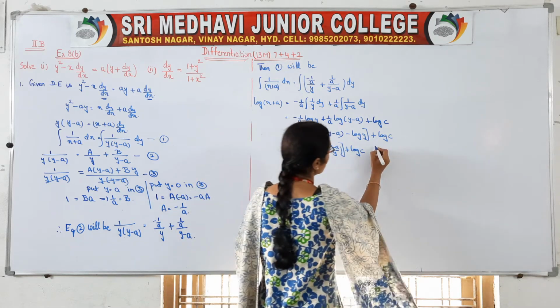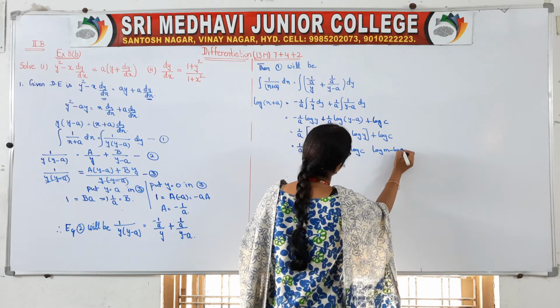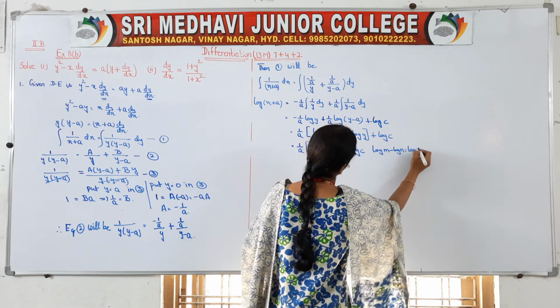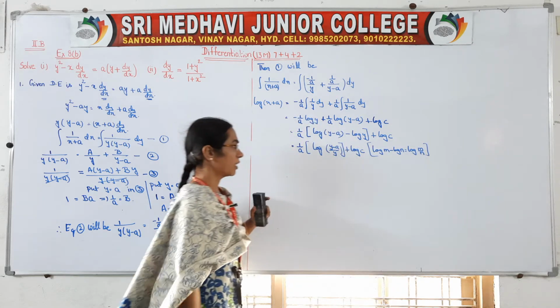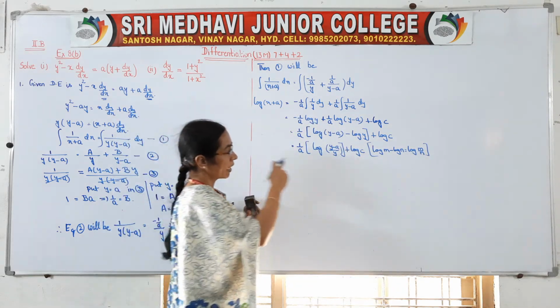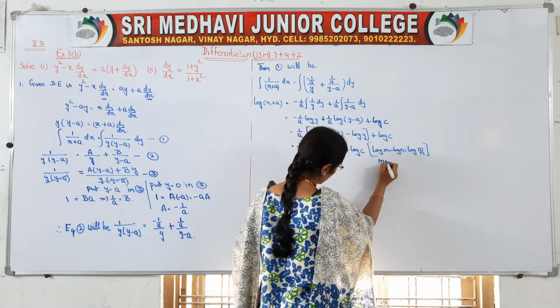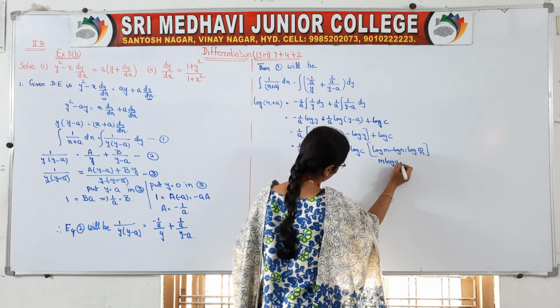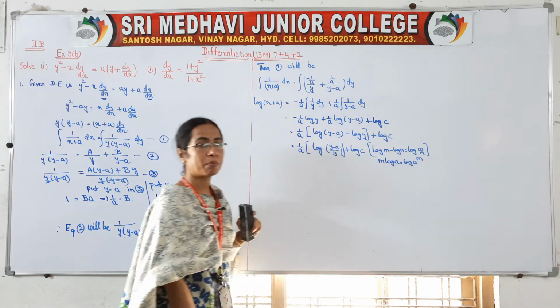Which formula did we use? Log m minus log n is equal to log m by n. Next, m log a is equal to log a to the power of m. That is one more formula.